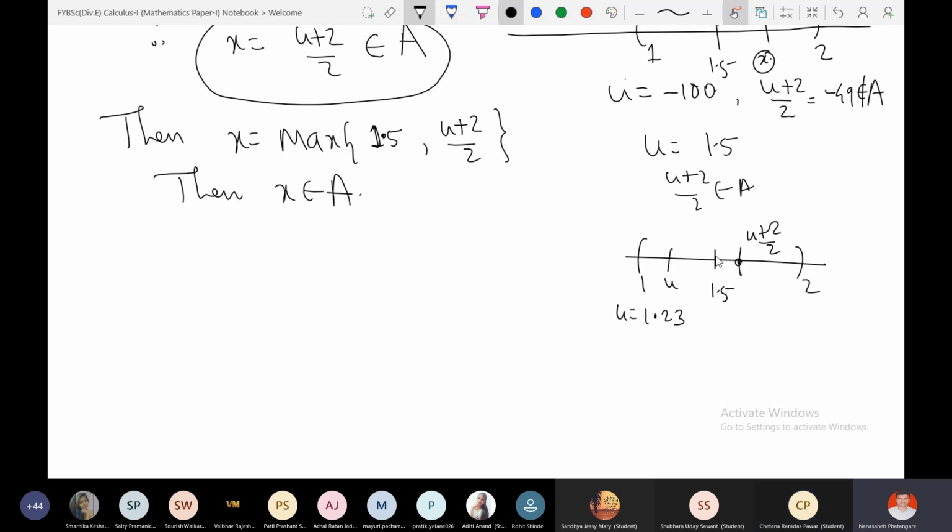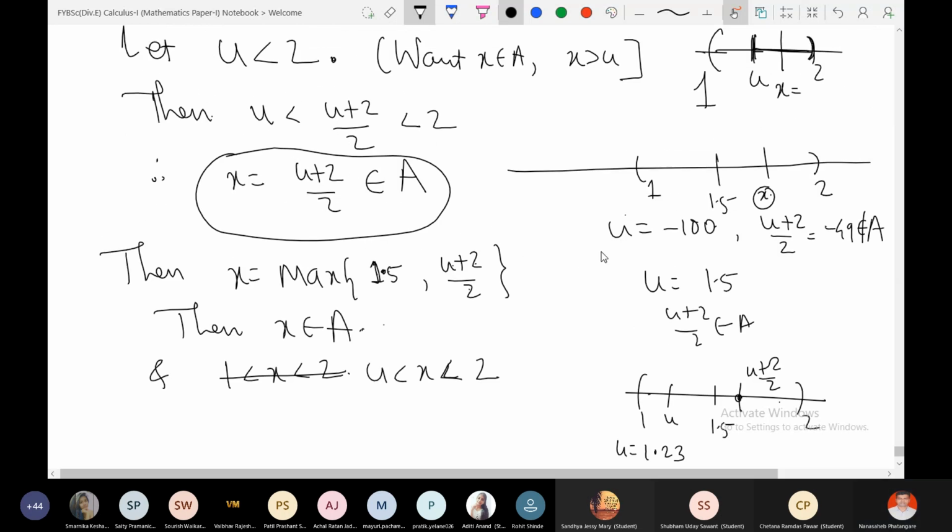Therefore, whatever the situation, whether your u is between 1 and 2, or a very small number like minus 100 or minus 5, the maximum is either 1.5 or the mean. In any case, this element x is a member of the set, and 1 is less than x less than 2. Not 1, what I want is u less than x less than 2. Correct? Is this clear now?